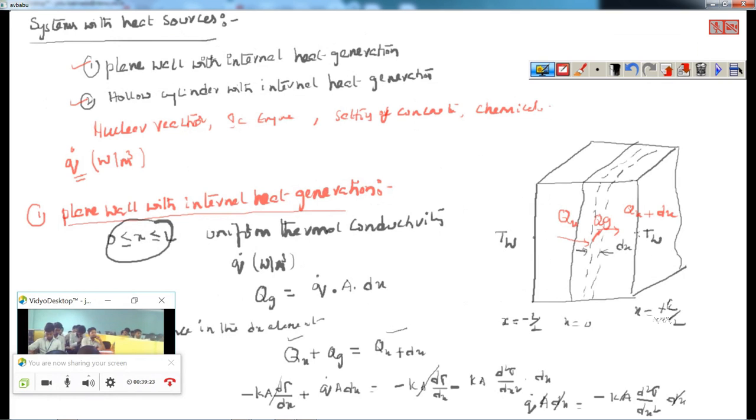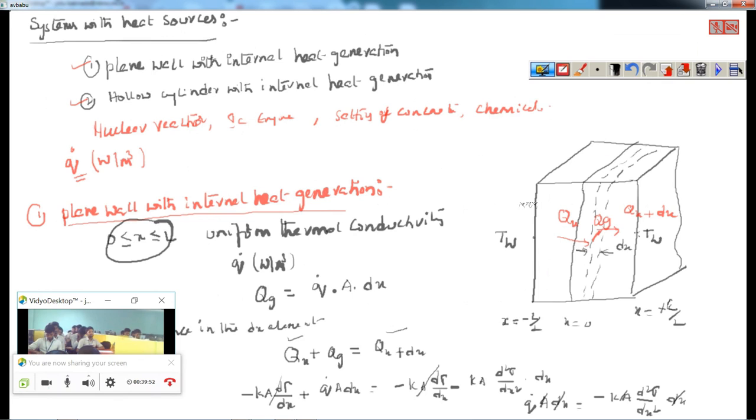Means the temperature distribution about the center line is symmetrical. Now under steady state conditions, the heat generated within the body must be convected away from the surfaces of the slab symmetrically.